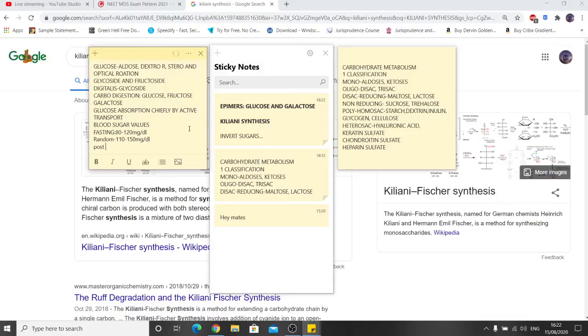Postprandial, which means after food, close to 150, or let's say less than 150 mg per deciliter. So these are all maybe outdated values. They get updated many times, but let's just see on the internet.